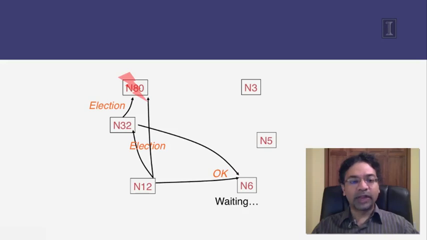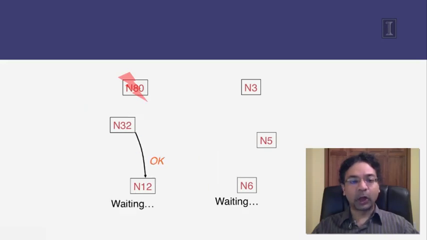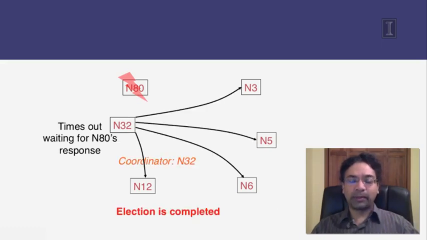When N32 receives N12's election message, it sends back an OK, and this suppresses N12 and makes it wait. N32 would time out waiting for N80's reply, because N80 after all has failed, and it would now know that it is the new leader. It then sends a coordinator message to all the lower ID processes in the system, which essentially is all the other processes that are alive in the system, and at this point of time the election is completed. N32 is a new leader, and everyone else knows about this leader.